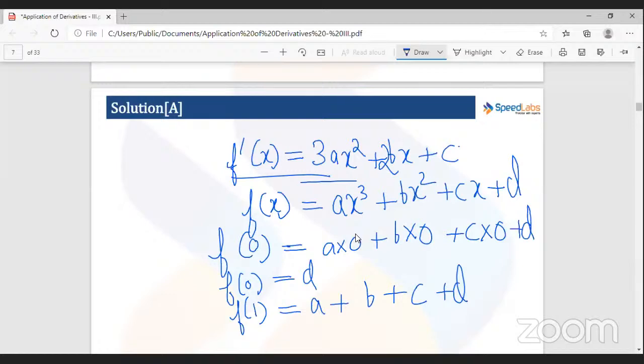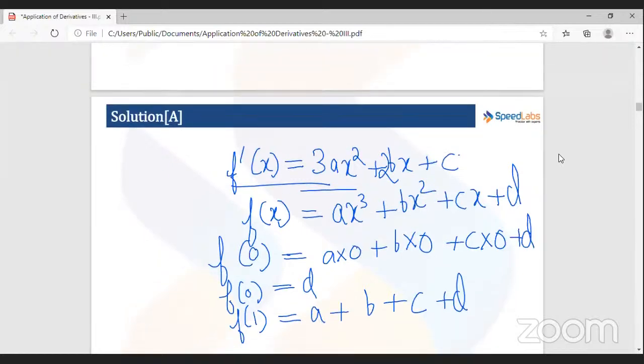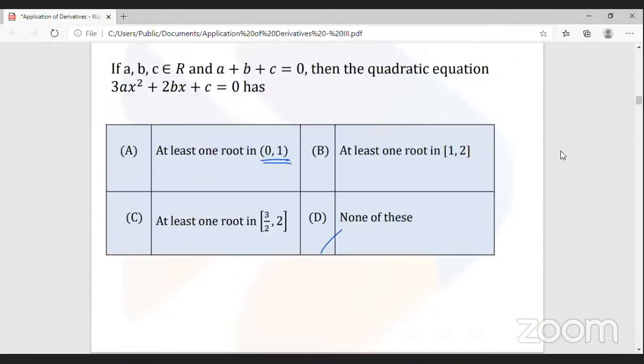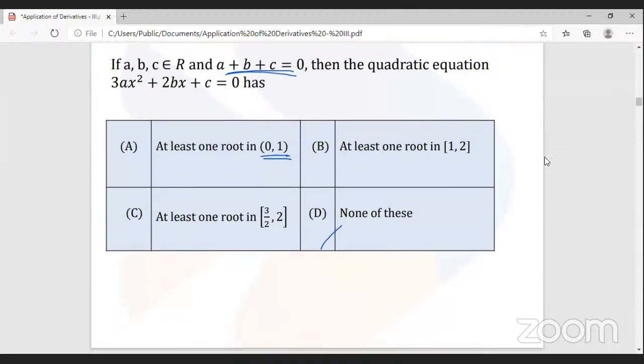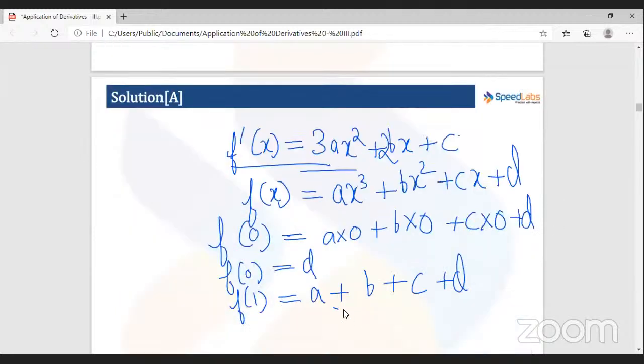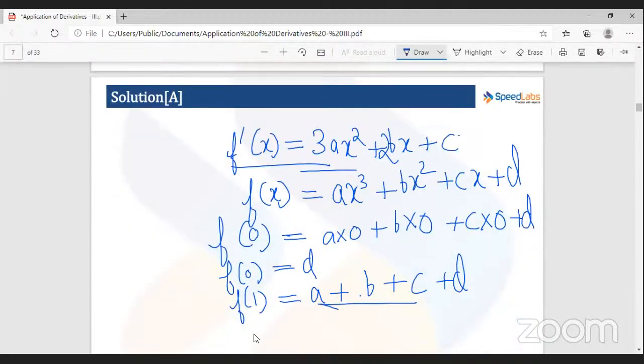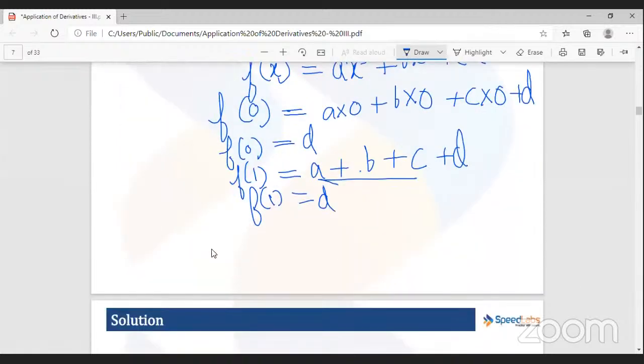Now what else is given in the question? It is given in the question that a plus b plus c is equal to 0. So this is 0. So f1 is also d. Now f0 is equal to f1 is equal to d.